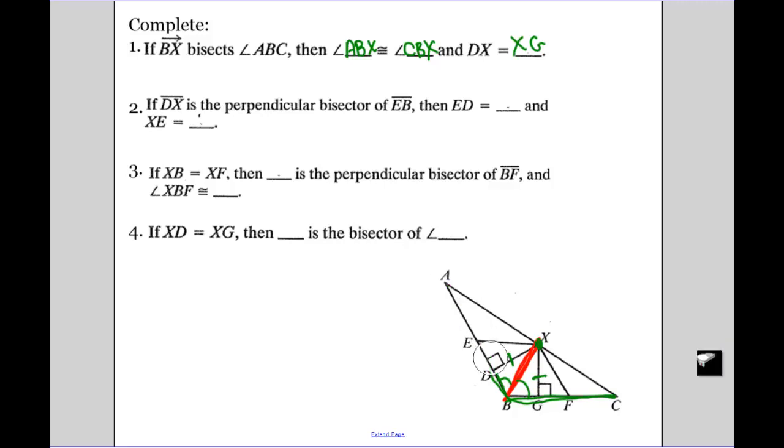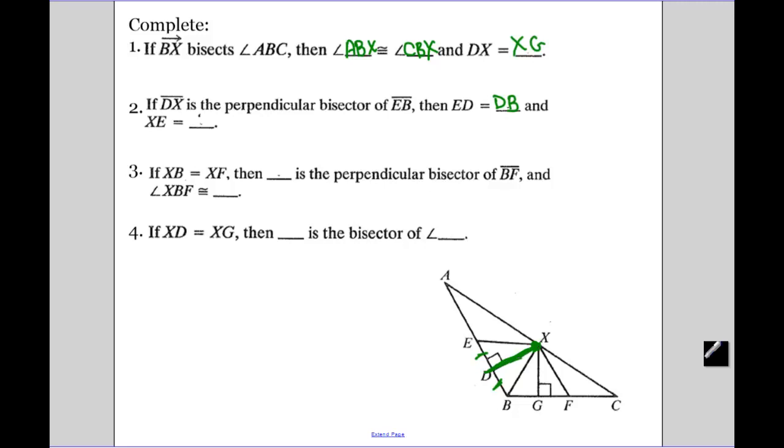Okay, now I'm going to erase that. DX is the perpendicular bisector of EB. So XD or DX is the perpendicular bisector. So it hits at the midpoint. So D is the midpoint. So then ED is equal to DB. And XE. So X is a point on our perpendicular bisector.